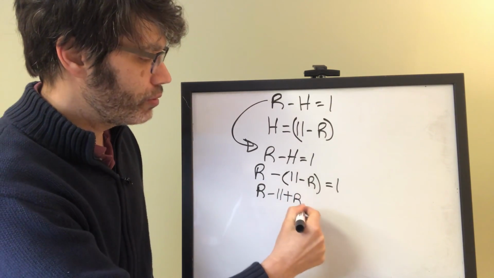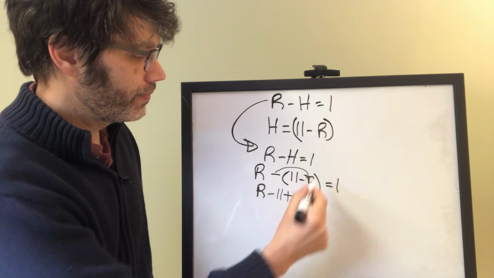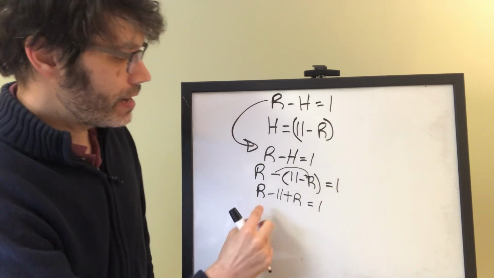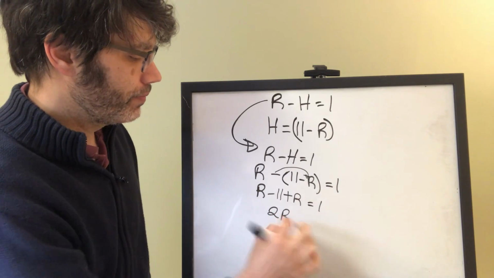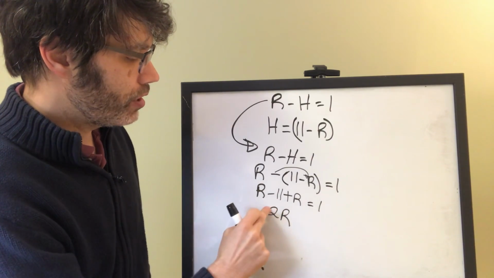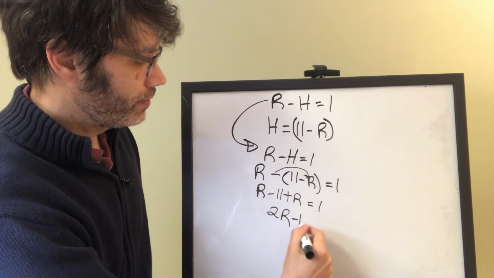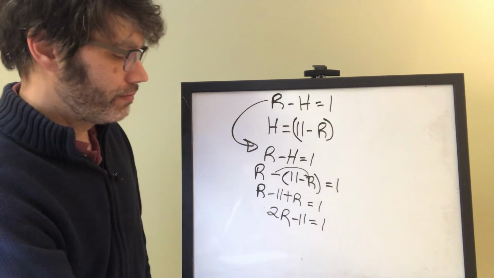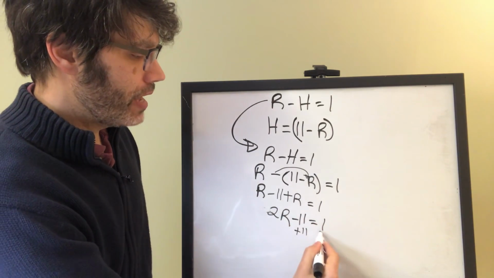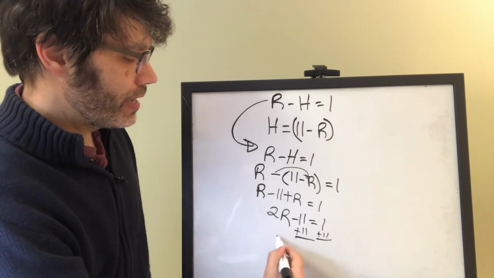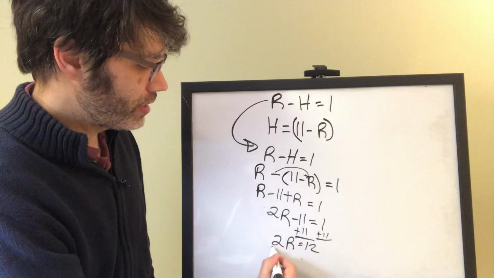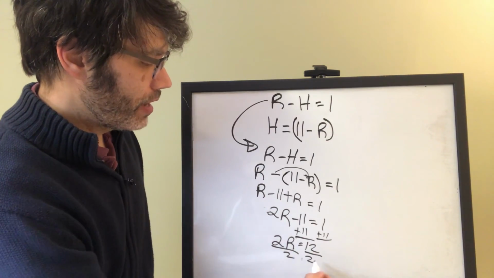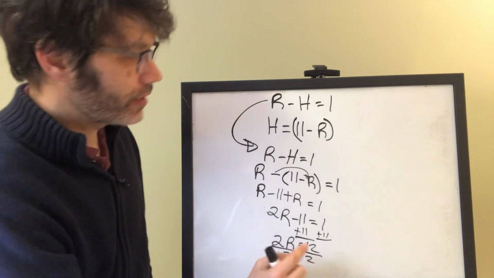That's really important, to distribute that negative. Equals 1. Now we can combine like terms, so r plus r is 2r, and we have 2r minus 11 equals 1. Now we add 11 to both sides, and we get 2r equals 12. Then we can divide both sides by 2, and 12 divided by 2 is 6.